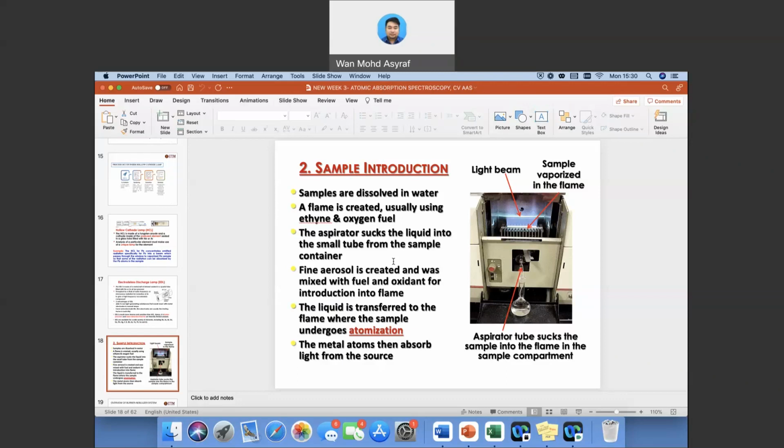The first stage is molecule. The liquid is transferred to the flame where the sample undergoes atomization. The metal atoms then would absorb the light from the source.